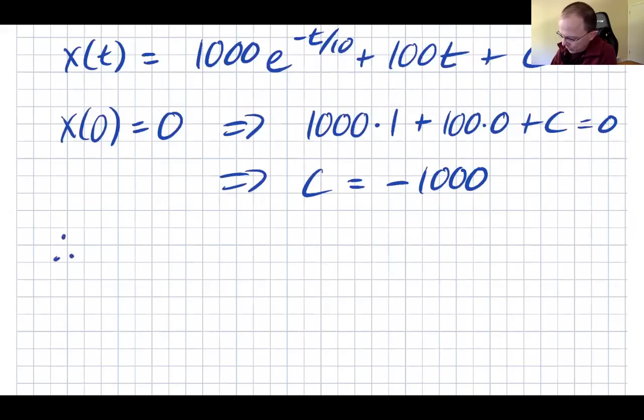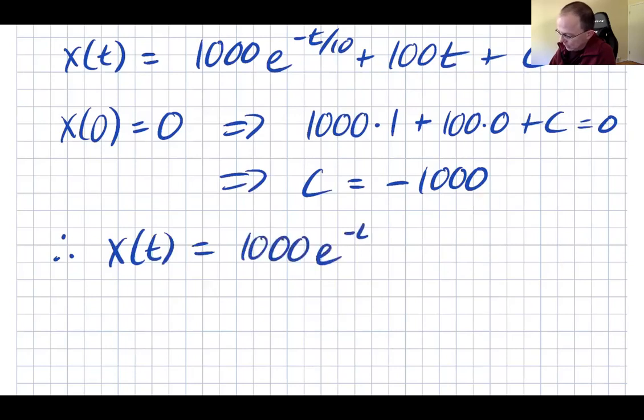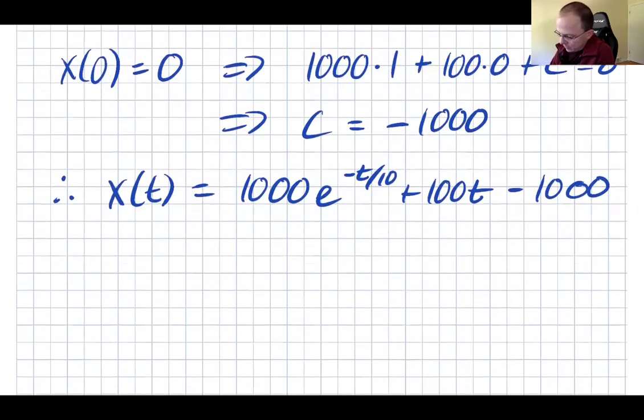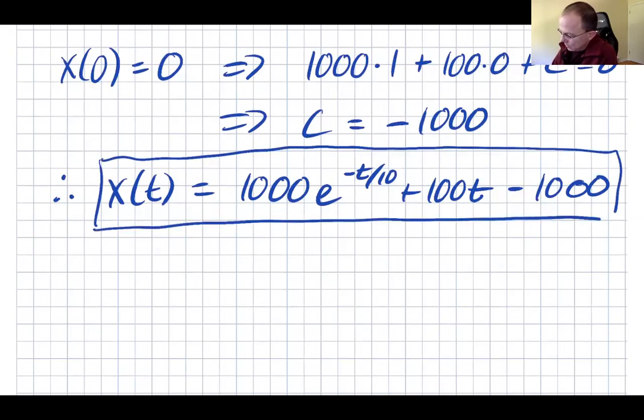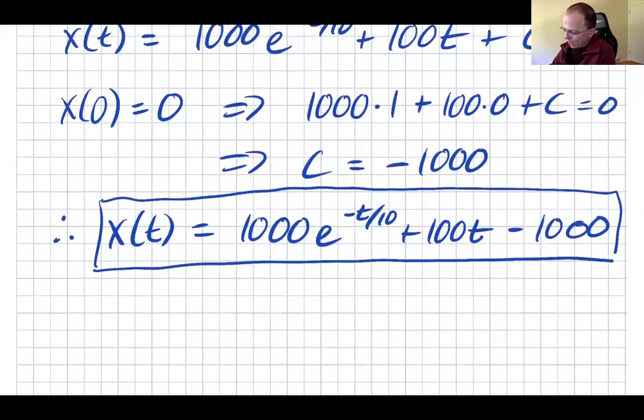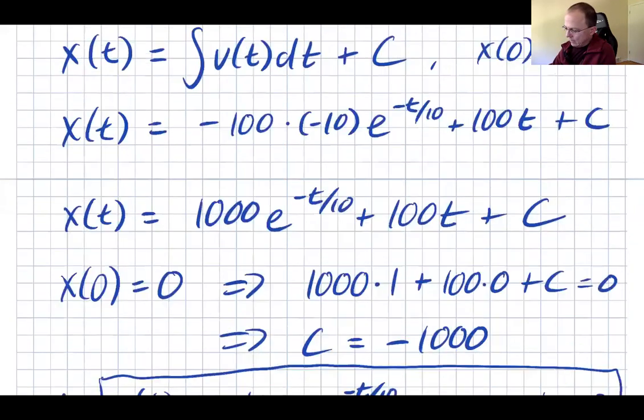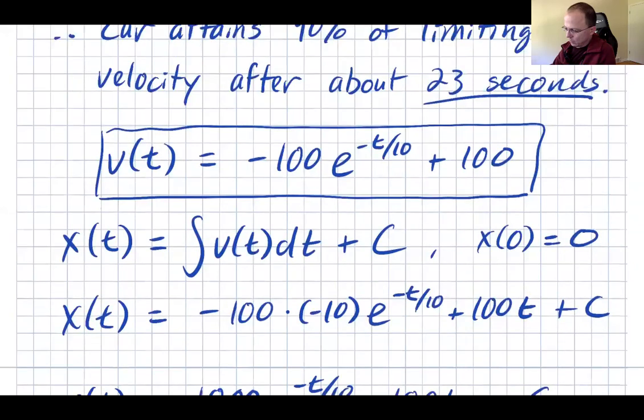Okay, so therefore x of t is equal to 1,000 e to the negative t over 10 plus 100 t minus 1,000. All right, so there is our distance traveled at time t.